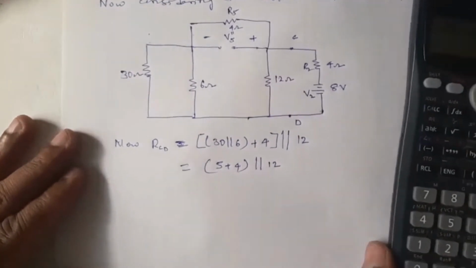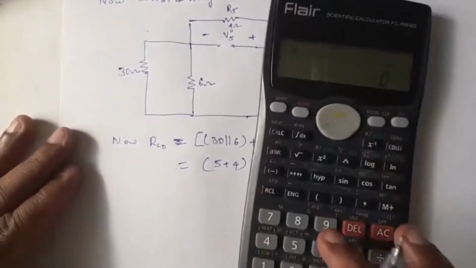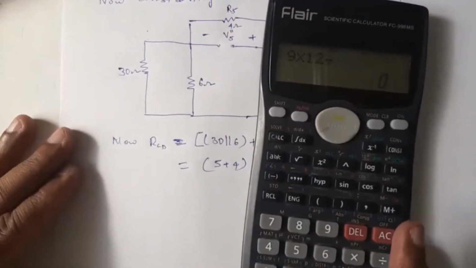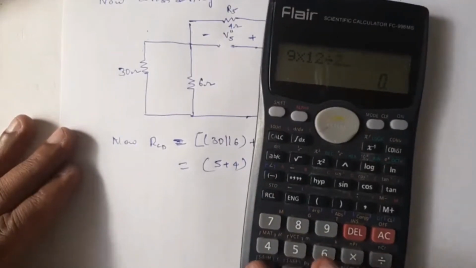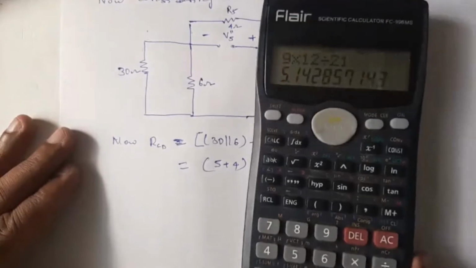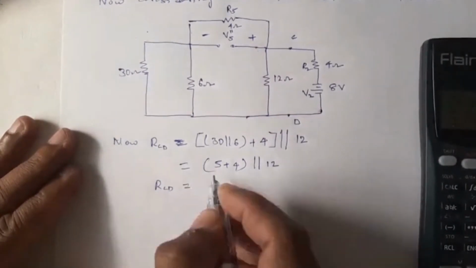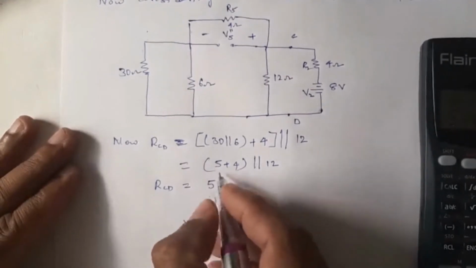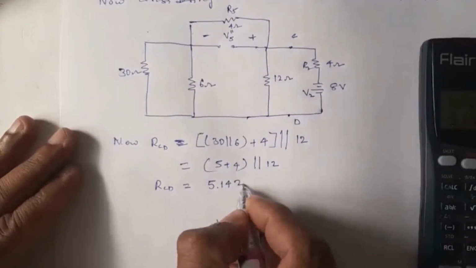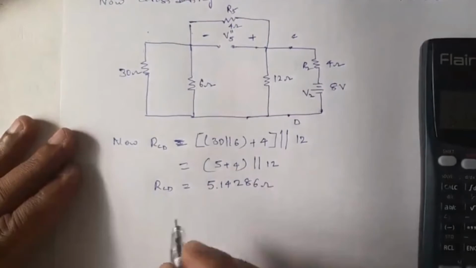So that is 9 into 12 divided by 9 plus 12, which is 21, equal to 5.14. RCD is 5.14286 ohm.